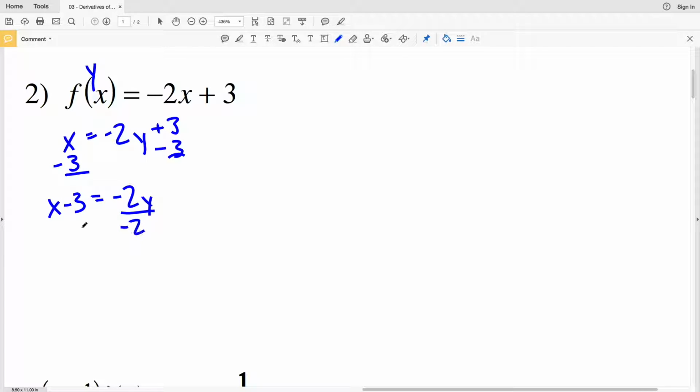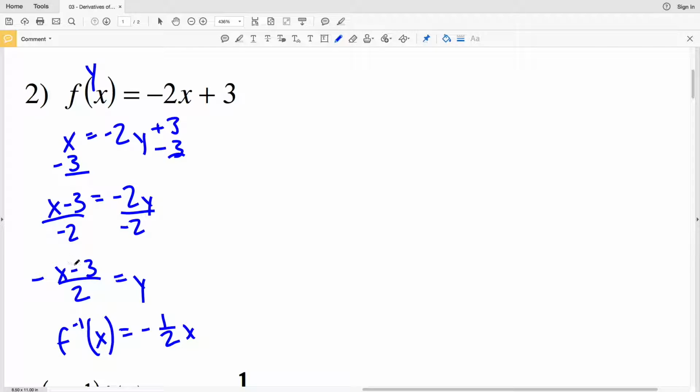Next, I'll divide both sides by negative 2 to get negative (x minus 3) over 2 equals y. So in inverse notation, that's the inverse function of x equals negative x over 2, so negative 1/2 x, minus a negative, so plus 3 over 2.